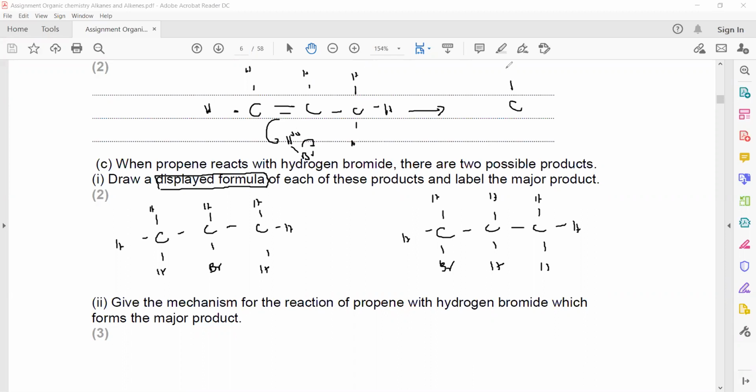So if the first carbon forms a bond with hydrogen, the second carbon will form a carbocation. So you can see the central carbon, which is a carbocation, is surrounded by 2 carbon chains. If the first carbon formed the carbocation, it would have only 1 carbon chain. That's why the major product is 2-bromopropane.